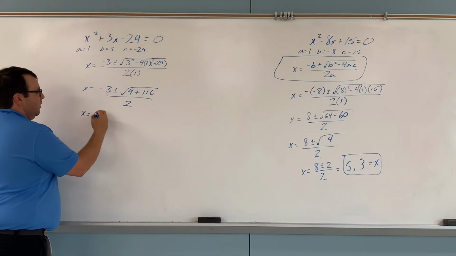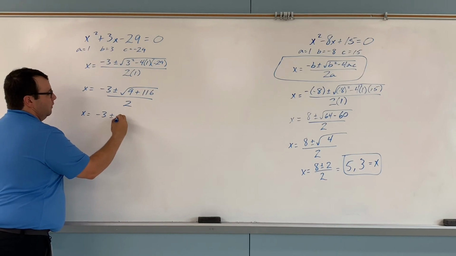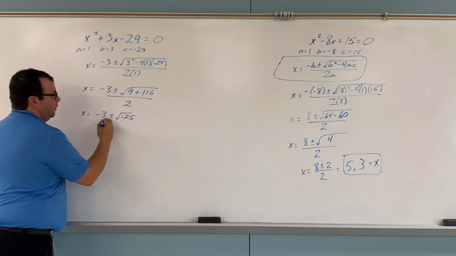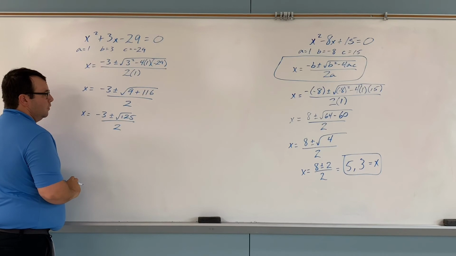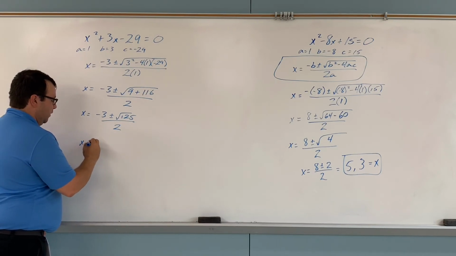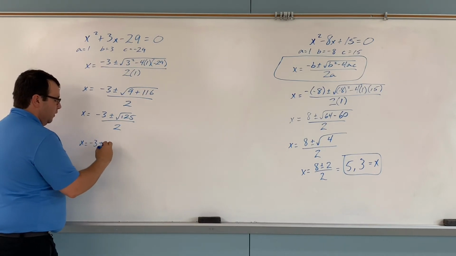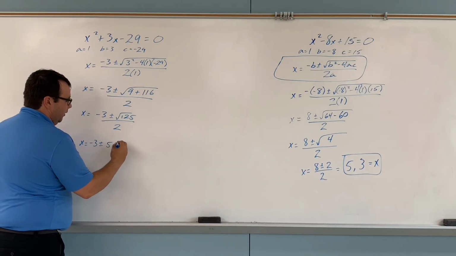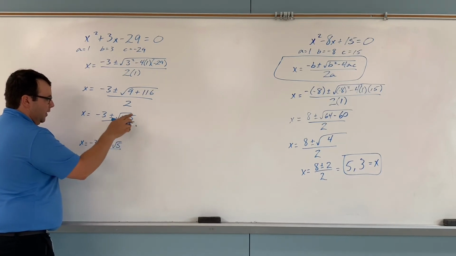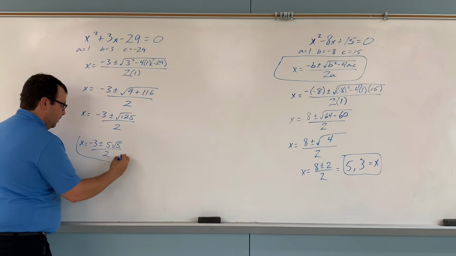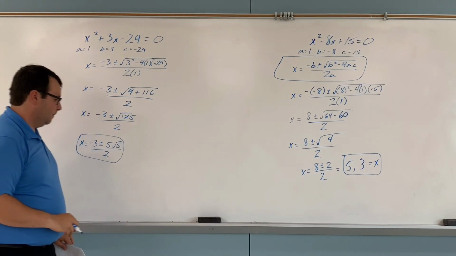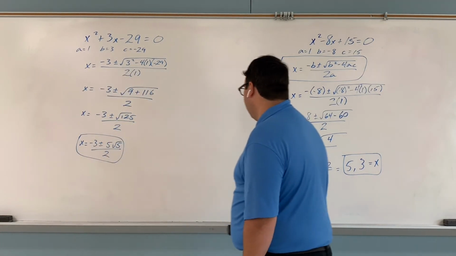This is going to be x is equal to negative 3 plus or minus the square root of 125 divided by 2. X is equal to negative 3 plus or minus, this will be 5 square root of 5, once you break it down, over 2. And that is it. Leave it alone.